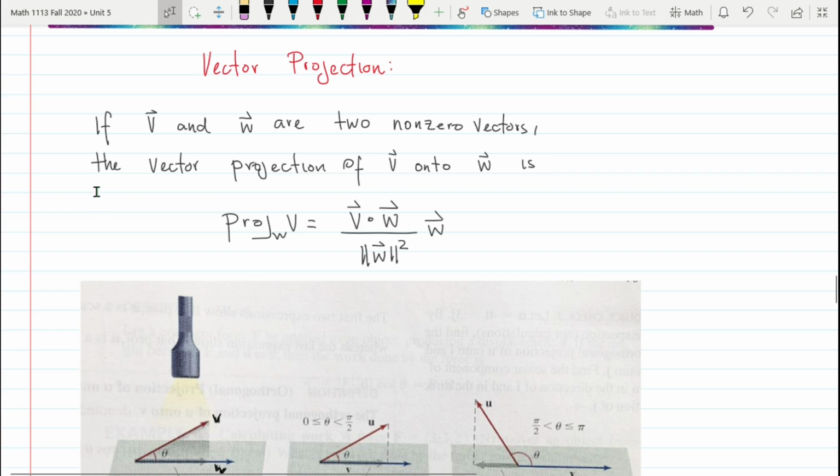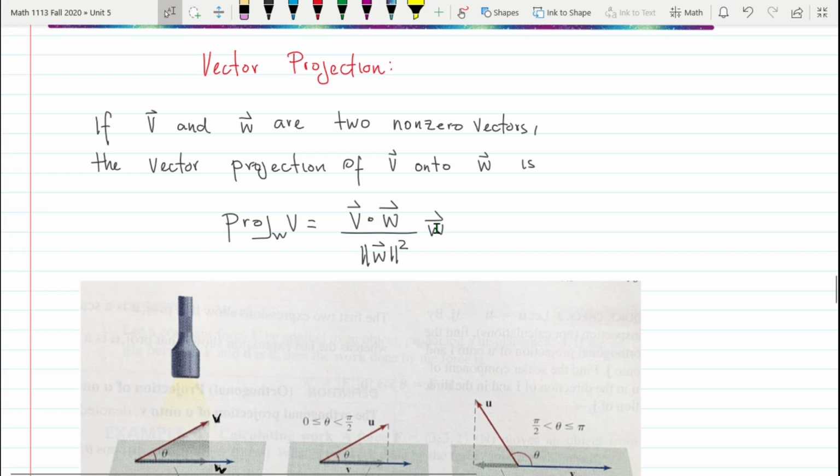The vector projection of v onto w is defined by the dot product between v and w, divided by the magnitude of w squared, times vector w. Okay, so that is the formula, if you will.